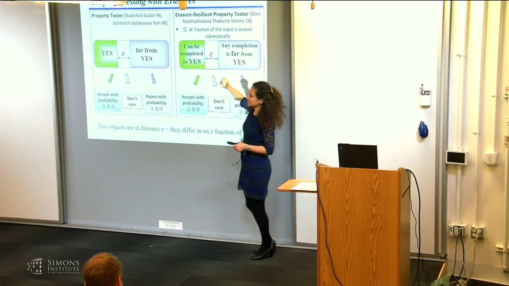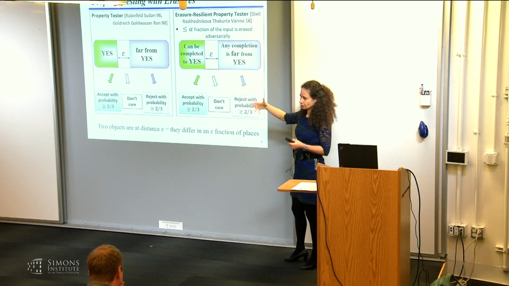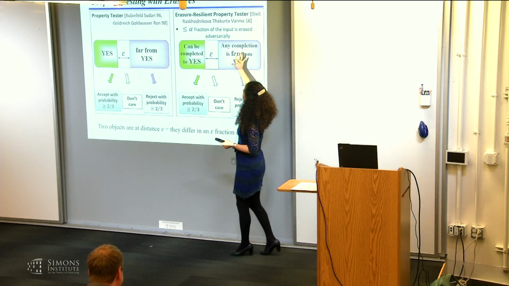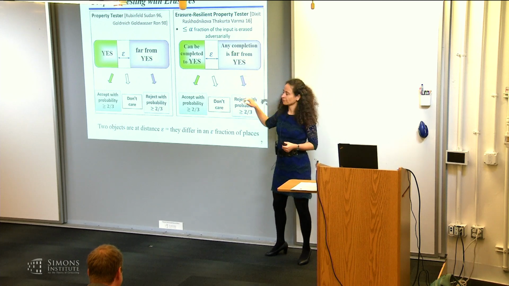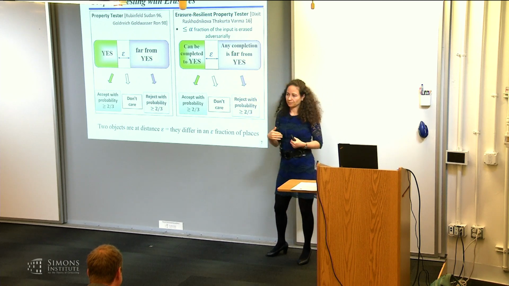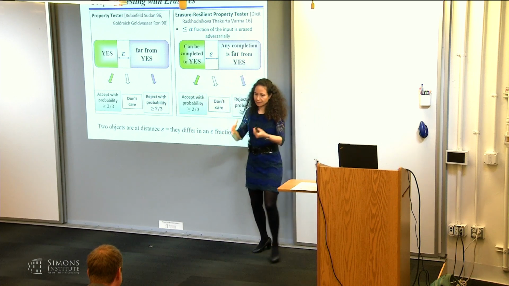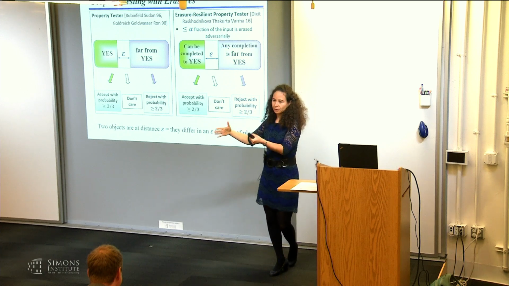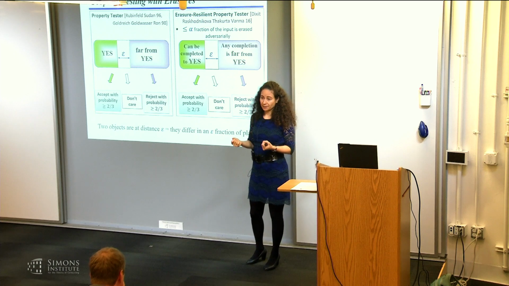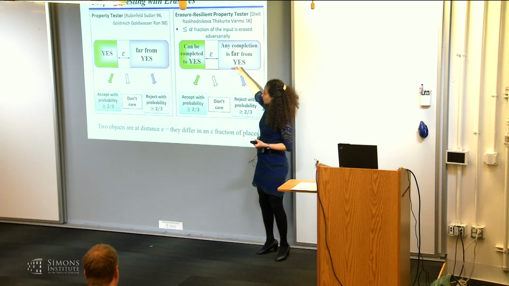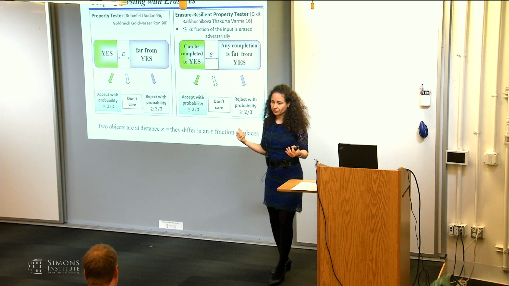I said we want to say yes if it can be completed to something that has the property, and we want to reject if any completion is far from satisfying the property. So how is the farness measured: with respect to the whole string, or only the non-erased part? For function properties it doesn't matter, because if there are erasures you can just fill them the way you want, with no restrictions.